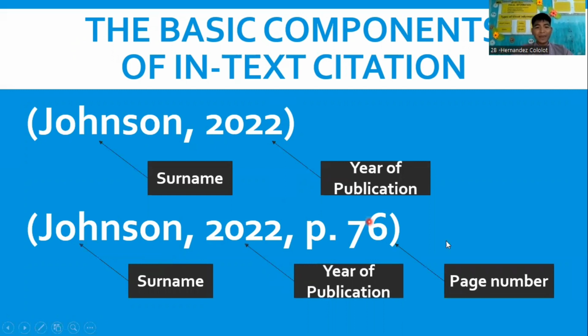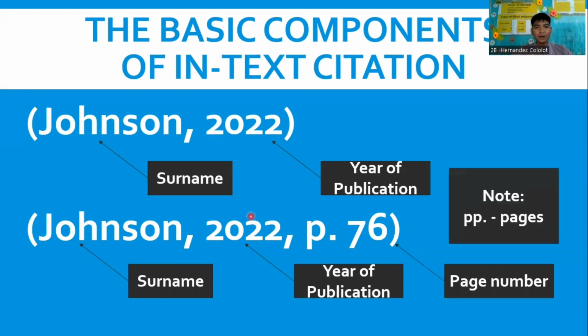As you can see, the page number appears in the second example, because this example is intended for quoting or paraphrasing. When you paraphrase or quote something taken from a different source, you include the specific page number where the information is found.